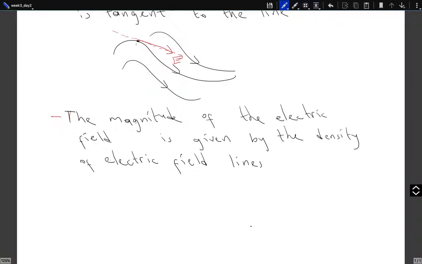So if, for example, in a region of space, you have electric field lines with this shape, you know that the magnitude of the electric field is largest in this region, where the density is much larger. The magnitude in this region is much smaller.